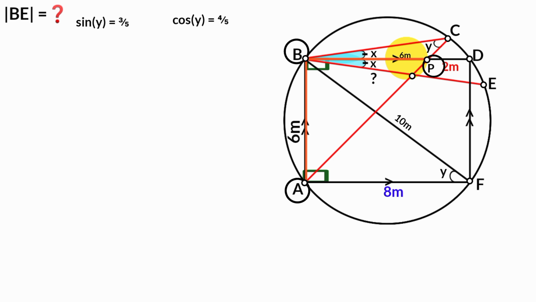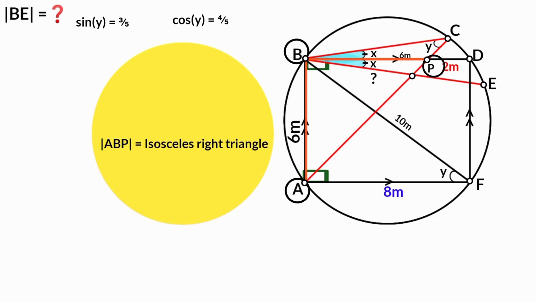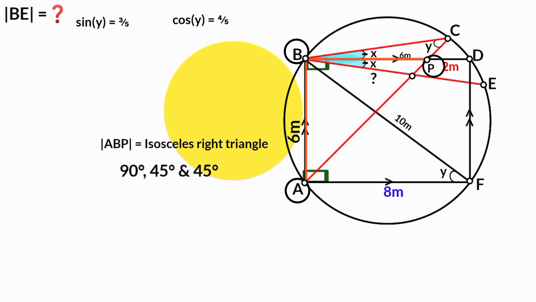That is, they are congruent. Therefore, triangle ABP is an isosceles right angle triangle. The angles of an isosceles right angle triangle we know are 90 degrees, 45 degrees, and 45 degrees. So since this is 90 degrees, this angle and this must be 45 degrees each.